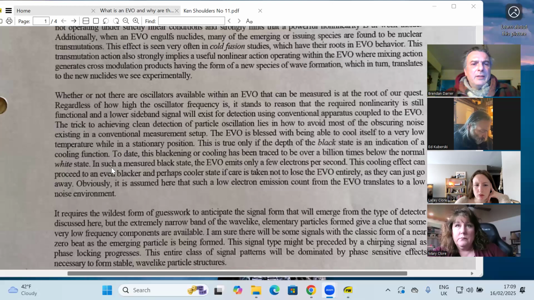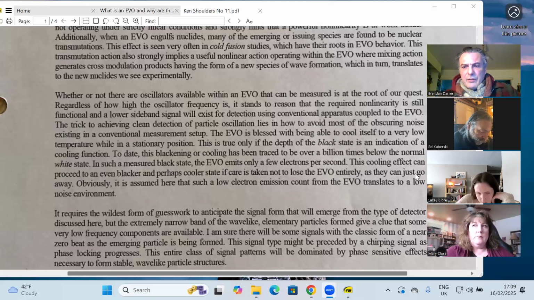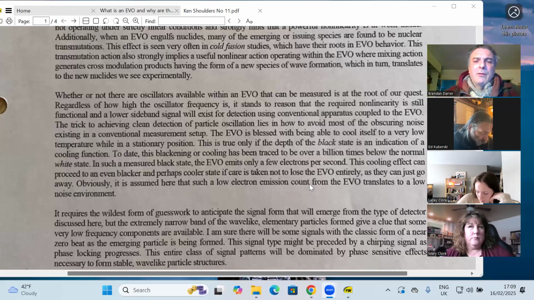In such a measured black state, the EVO emits only a few electrons per second. This cooling effect can proceed to an even blacker, perhaps cooler state if care is taken not to lose the EVO entirely, as they can just go away. Obviously, it is assumed here that such a low electron emission count from the EVO translates to a low noise environment.